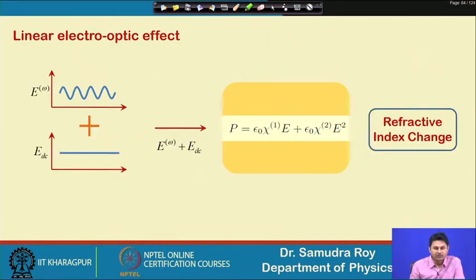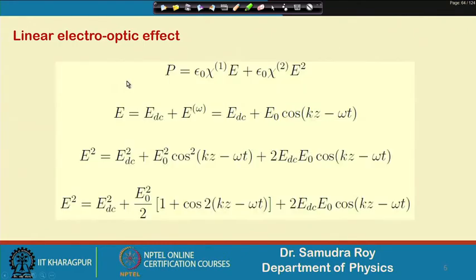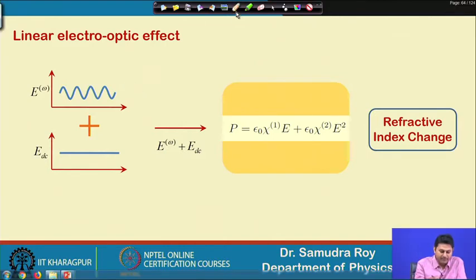In the linear electro-optic effect also, we need to understand what it is. In this slide we can see that when I launch an electric field E omega and a DC field, since it is a DC, it should not change with respect to time, so it is nothing but a straight line.